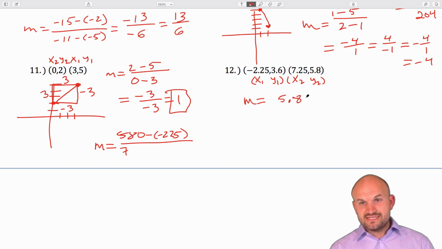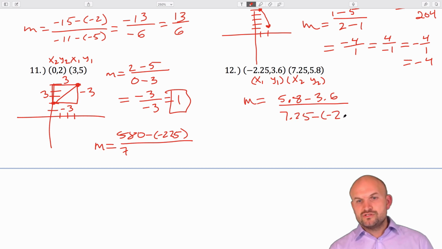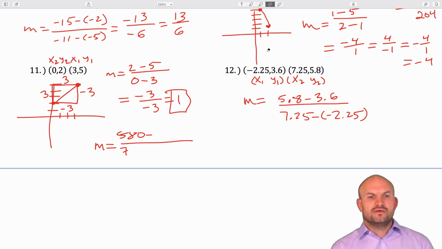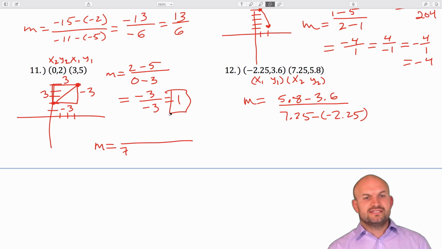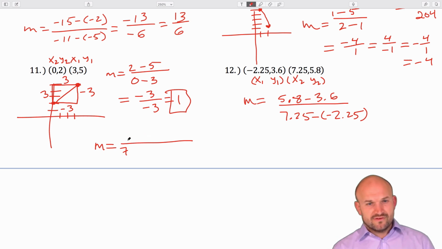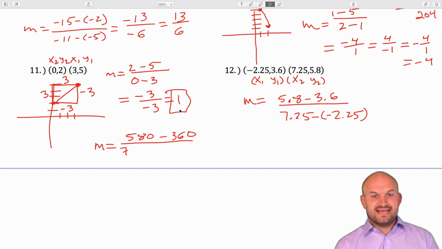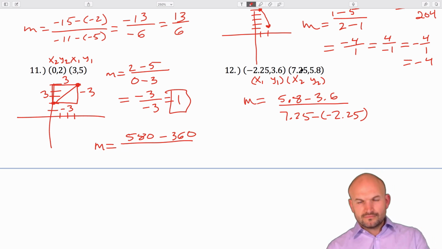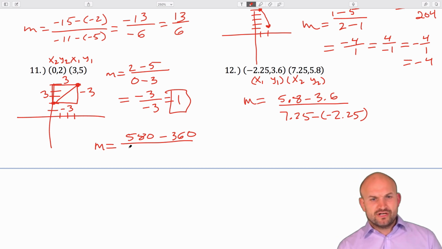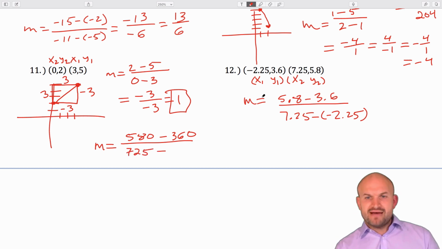So this is 5.8 minus 3.6 all over 7.25 minus a negative 2.25. Okay, if we put that now in terms of hundreds, we have 580 minus 360, and that's going to be divided by my x coordinates, which would be 725 minus a negative 225.